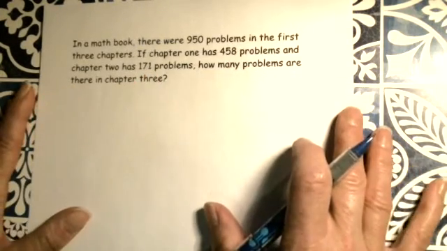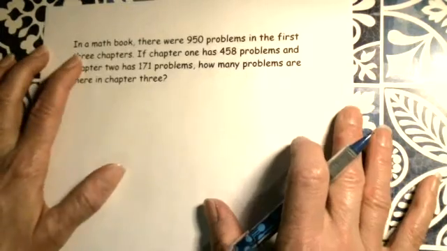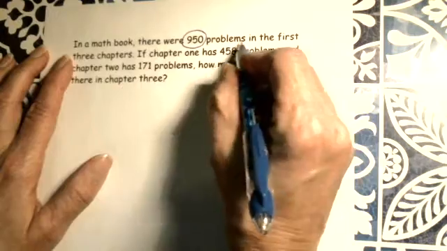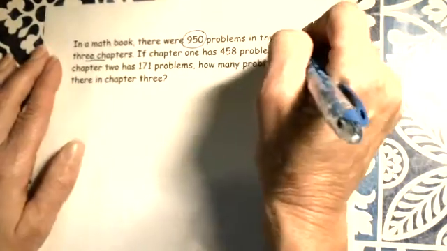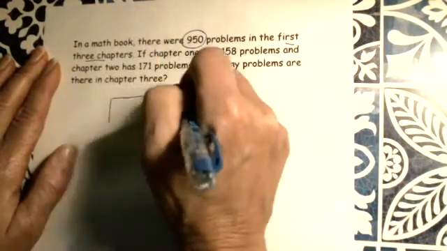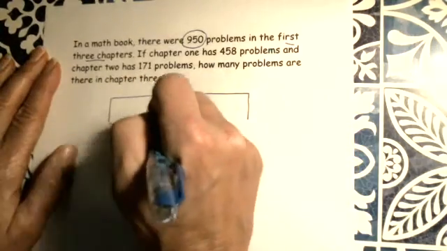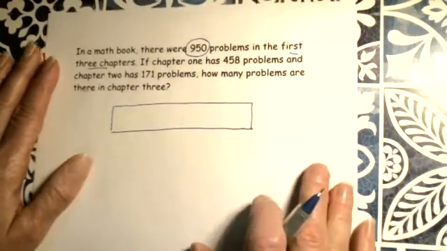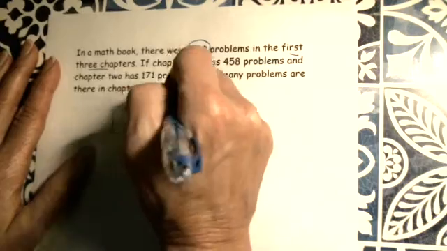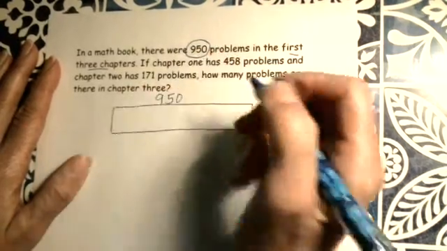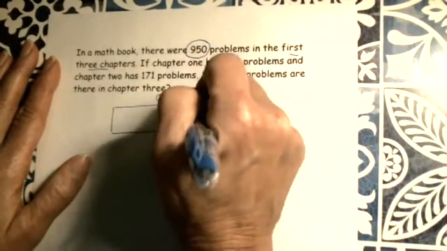So I'm going to go back and read it again. They're telling me there's a math book. In a math book, there were 950 problems in the first 3 chapters. So they have a math book, and they're telling you in the first 3 chapters, there's 950 problems.